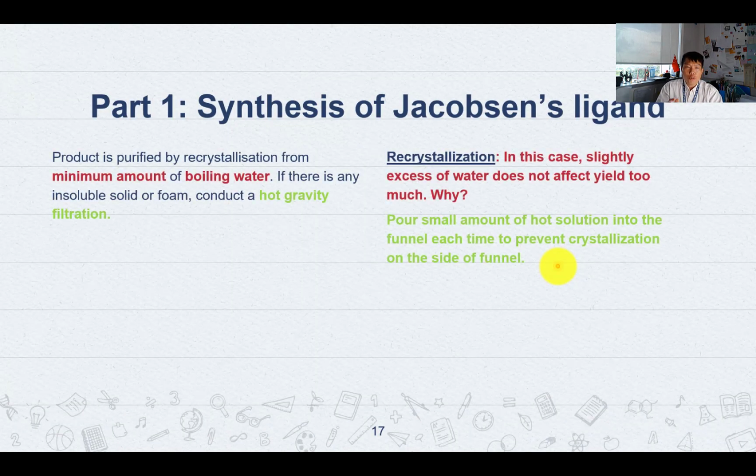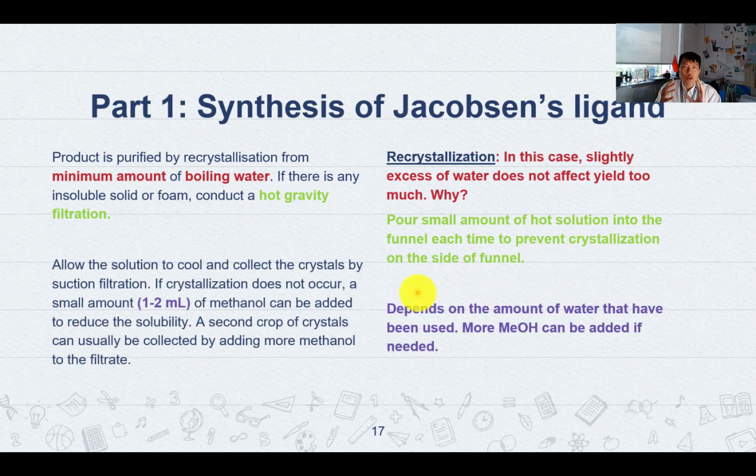So the next part is you purify by recrystallization using a minimum amount of boiling water to maximize the yield here. If you don't see a clear solution, if you have some insoluble solid, do a hot gravity filtration, right? So do that, and then allow the solution to cool, and collect the crystals from the top.